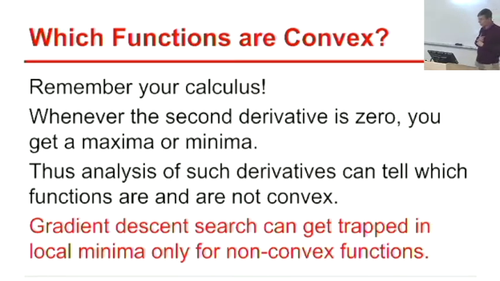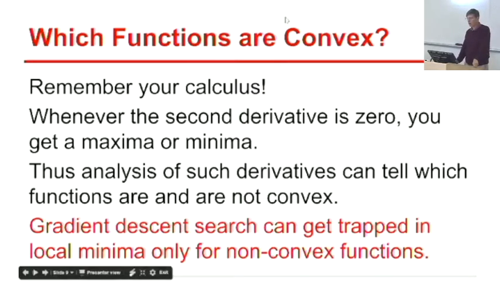Now, one thing that I mentioned, but I'm going to gloss over, is how do you tell that this function is convex? This requires a certain level of knowledge. In principle, this is one of these calculus type things. Remember, when you took calculus, if you wanted to know that there was only one maxima or minima, how did you know how to do that? You took the derivative, which was the slope. If the second derivative was 0, then it meant that you had a maxima or a minima.